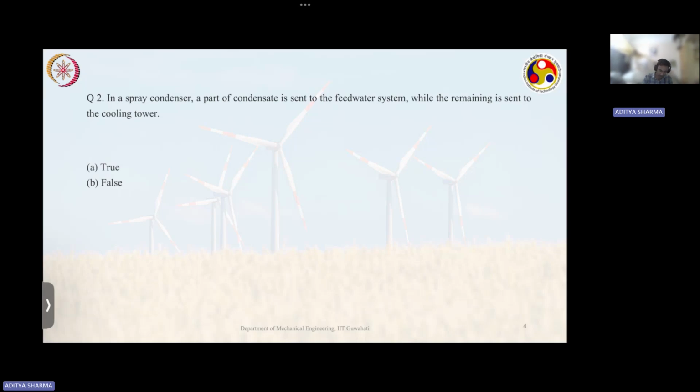So it is like this. Here you have cooling tower. Then from here you have this chamber. From here this moves like this.